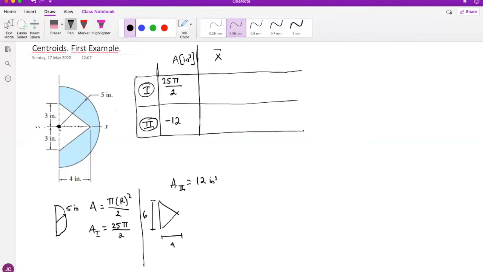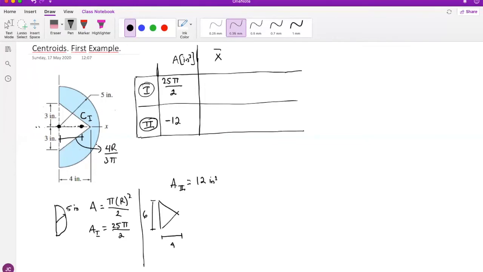So imagine that everything is blue over here, and you need to find out where this C1 for section 1 is located. It's right here at the center of this semicircle. Well, there's a formula that says if you want to go there, you need to do 4r divided by 3 pi.